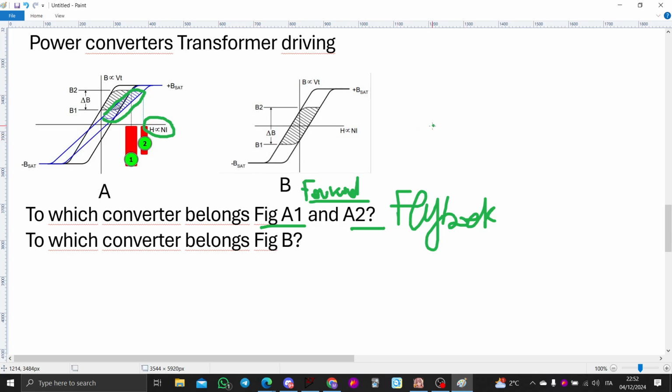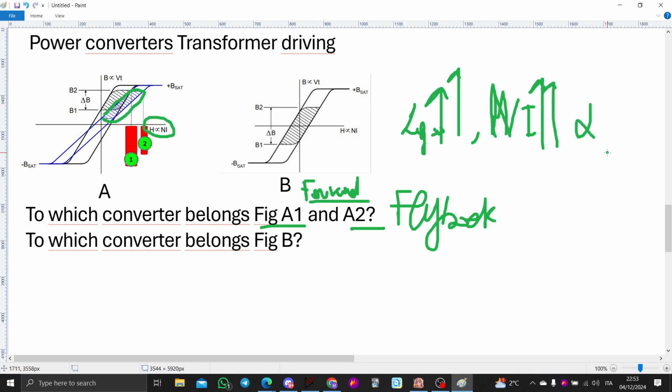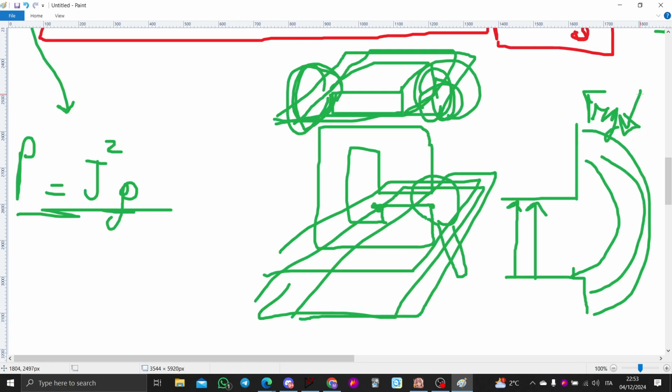As you remember, when the LG increases, Ni, meaning H, goes up, meaning that the maximum I goes up.